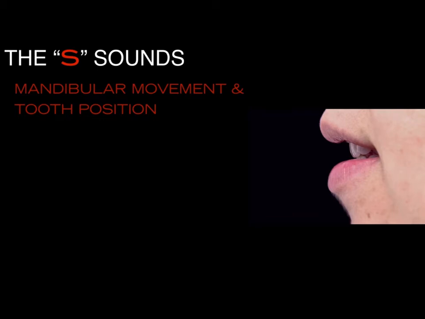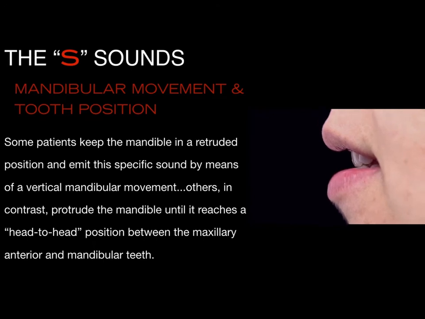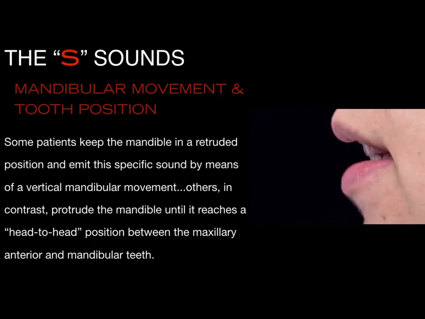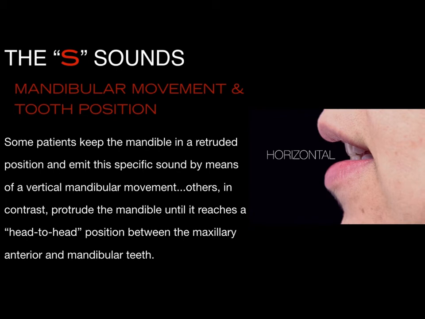Why am I saying that? Because in many cases, some patients keep the mandible in a retruded position, like normally the class 2 patient, and emit this specific sound by means of a vertical mandibular movement that forces air between the mandibular incisor crest and the palatal concavity of the maxillary incisors.